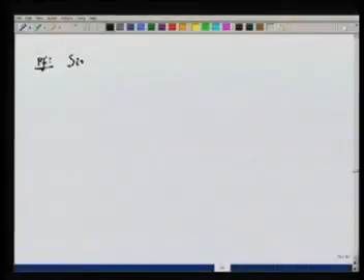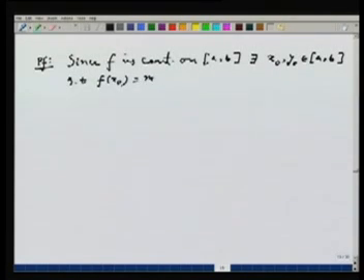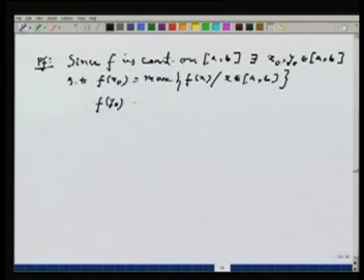Now since f is continuous on the closed interval AB, by a property of continuous functions on closed intervals, I know there exist 2 points x0 and y0 in the closed interval AB, such that f of x0 is the maximum of all the f(x)'s, x in AB, and f of y0 is the minimum of all the f(x)'s where x in AB.